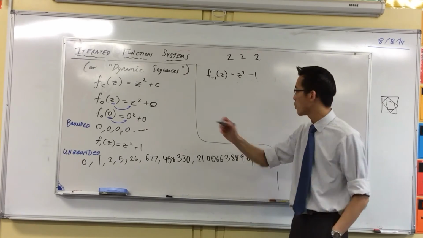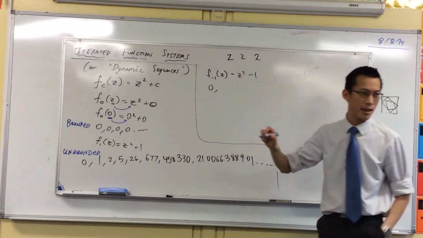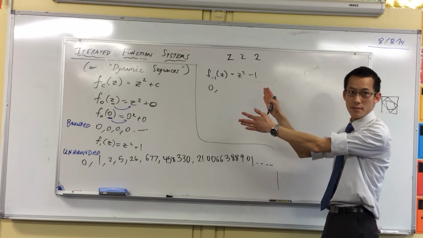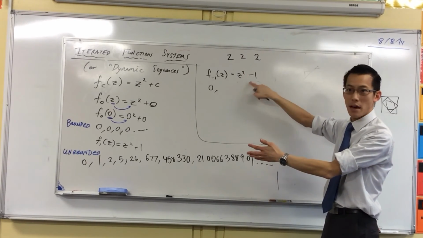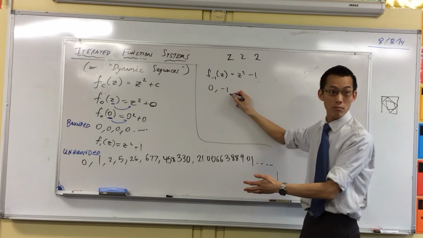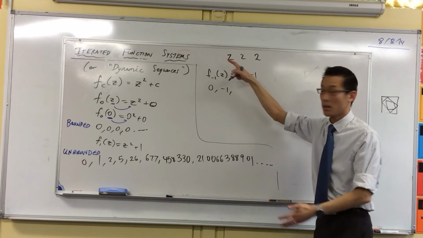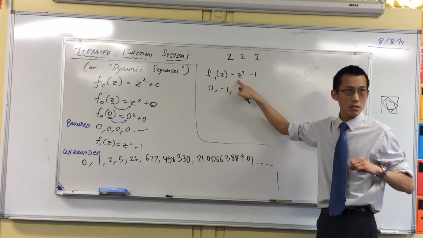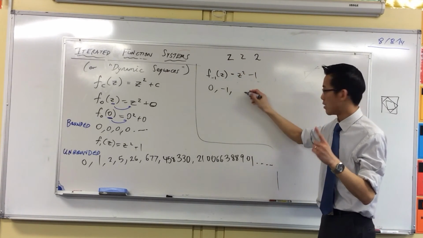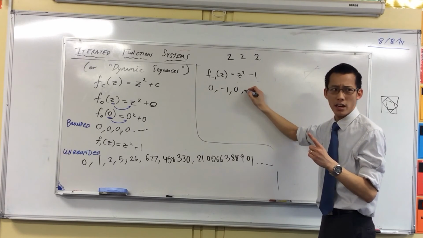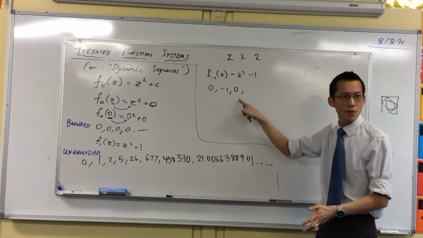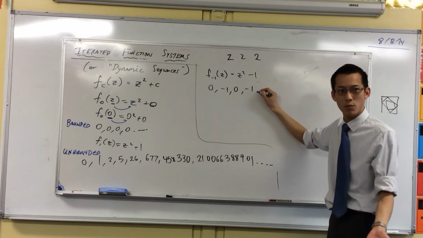You start with 0. I reckon we can do this in our heads. So I stick 0 in, and what happens? You get 0² - 1, so you get -1. Now stick that back in. You get -1 squared, which is 1, minus 1, which is 0, which is then going to, remember, because they map you from one to another, the next one's going to be -1 and then 0.